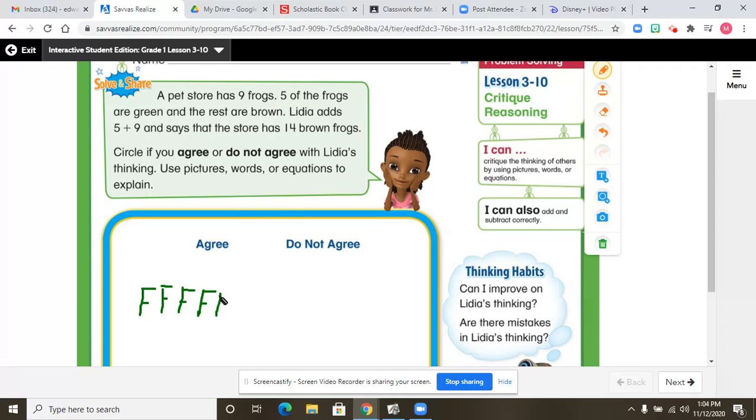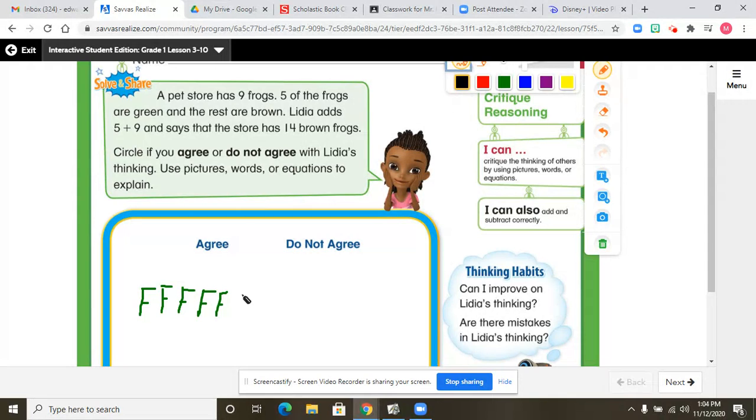Okay, so there's 1, 2, 3, 4, and 5. Then it says the rest are brown. Now I don't have a brown, so let's use black, I guess. Okay, so the rest are brown.